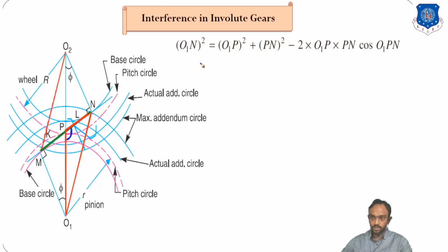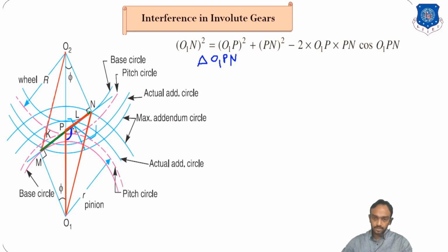So from the triangle O1PN, O1N squared is equal to O1P squared plus PN squared minus 2 O1P PN cos O1PN.